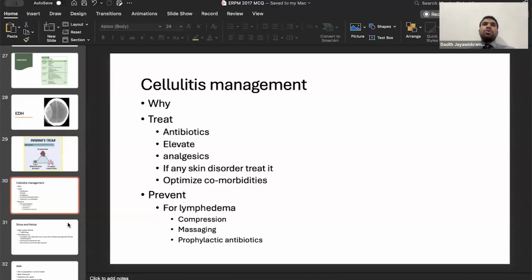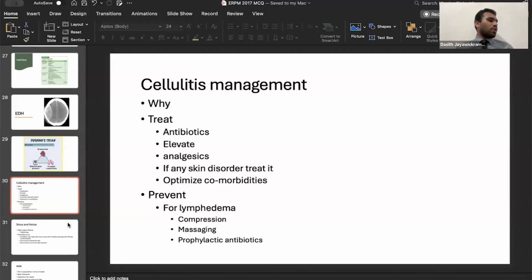Would I want to do that? No, I don't want ice packs. What we do is elevate the limb, give analgesics and antibiotics, optimize the comorbidities, and if there's a skin disorder, we treat it. That is how you manage it. So ice packs is an absolute no.